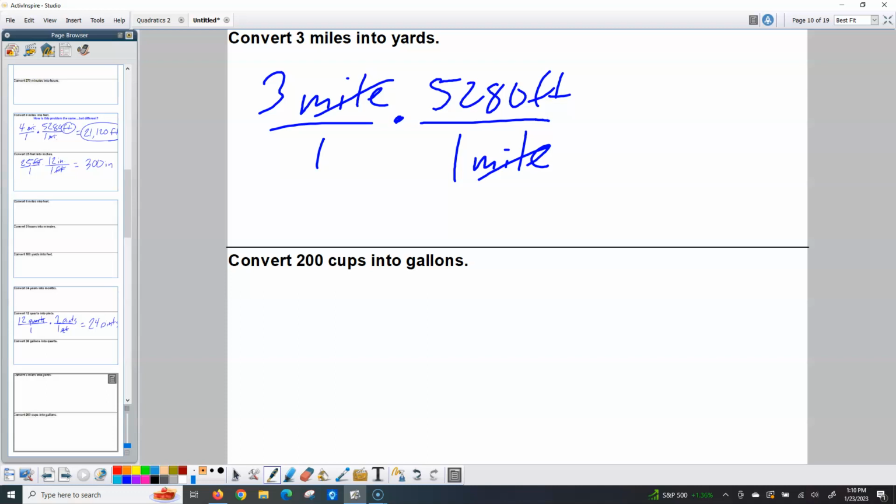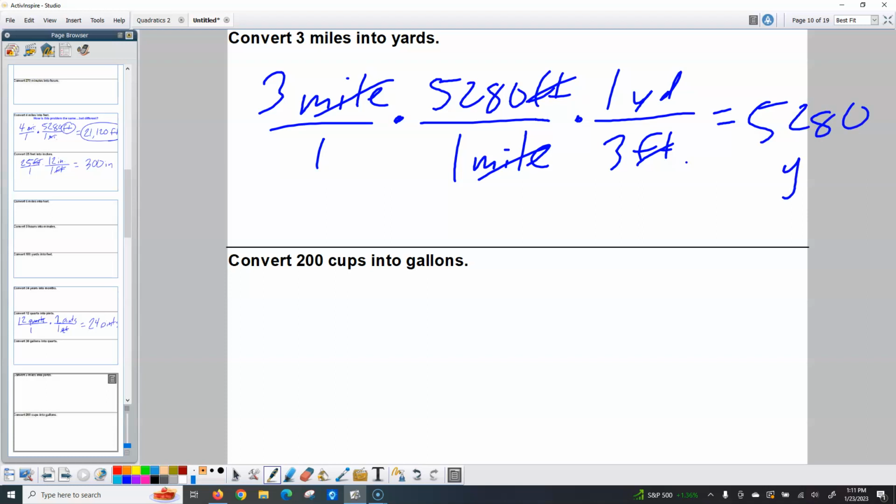And then feet, I know that there are 3 feet in 1 yard, and the feet will cancel out. So I think the threes are gonna cancel out too. I think that's gonna be 5,280 yards. Sorry about the handwriting there.